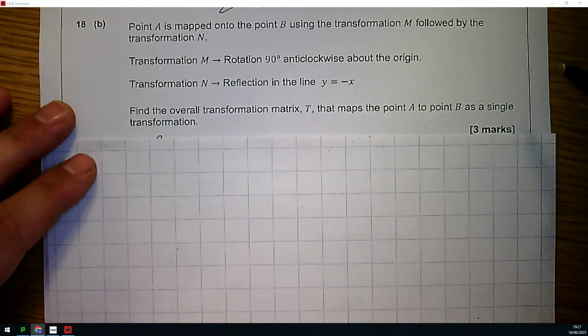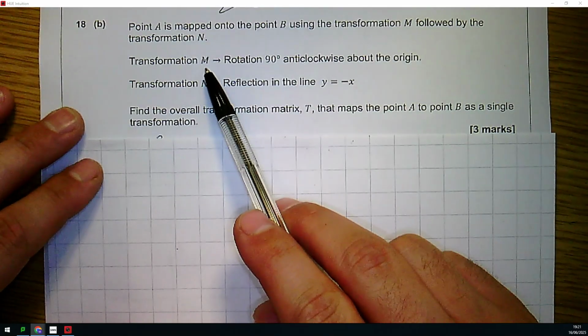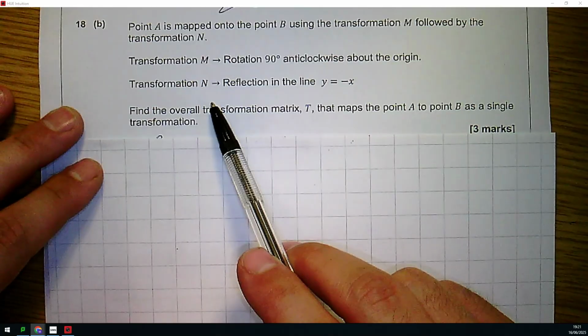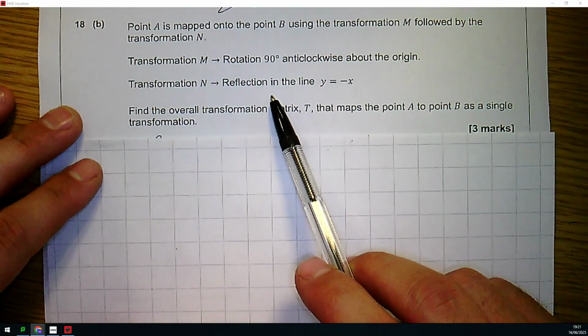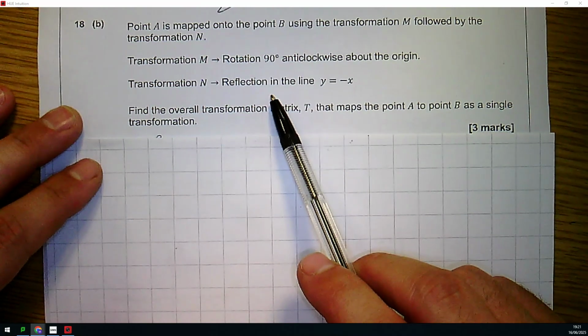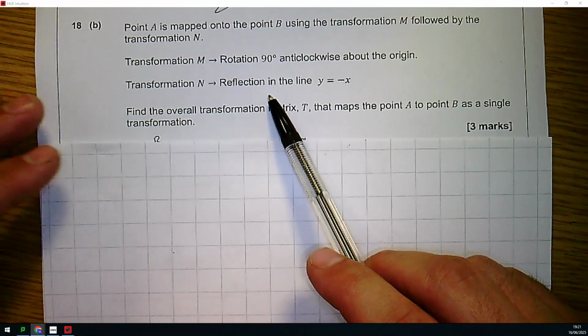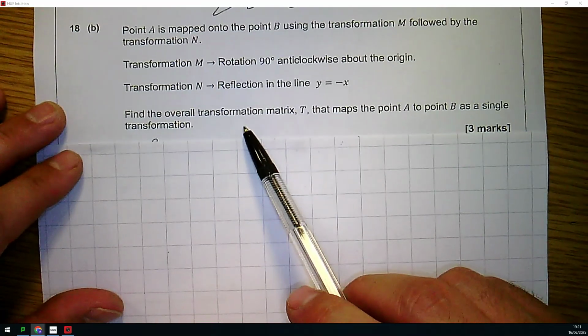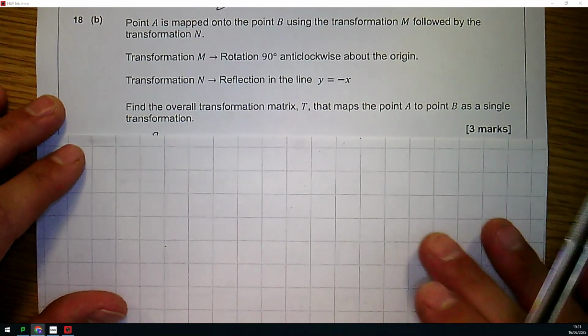So to do this, you need to find the matrix of transformation M, and the matrix of transformation N. Some teachers just tell you to memorize what the matrices are for these transformations, and if you have, well played. Fair enough. But there is a way to work it out if not. If you've not seen this, it's going to look a little bit weird.